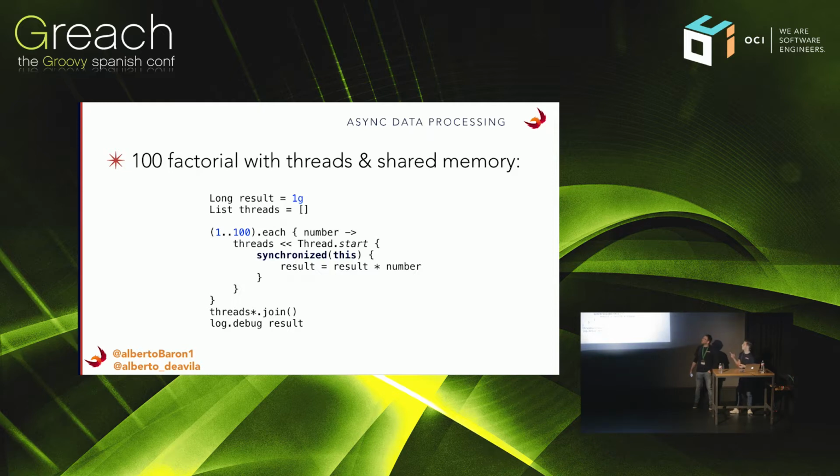And we create 100 threads, and each thread calculates its partial result, and uses the synchronized keyword to access the shared memory synchronously. Then finally, we can join the threads, and then we have our result in the result variable.